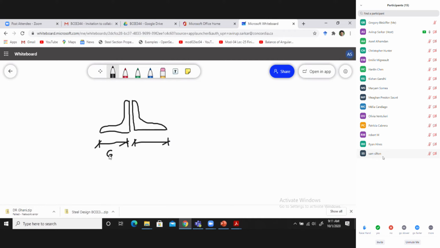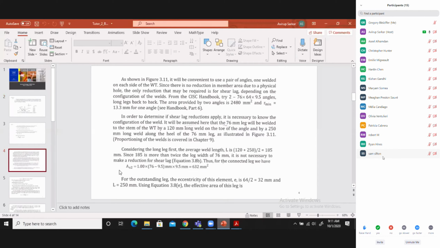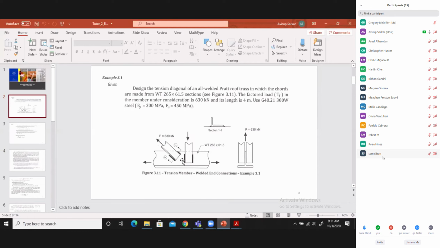These are 64 sides. And these are basically the 76 sides. Okay, and you see here that this WT265 will be passing in between these two.